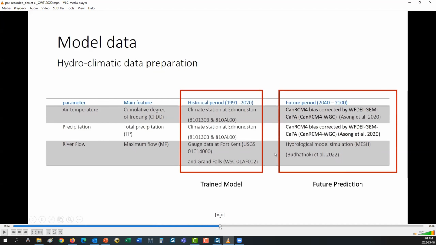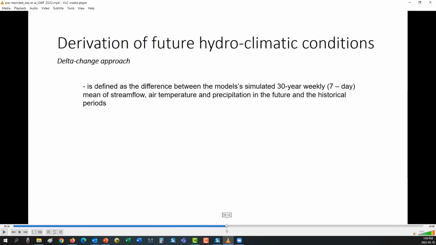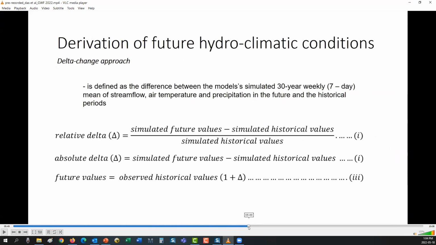Okay, let's move up here. We're using a delta change approach here. And there are two ways you can look at this delta change approach. You can calculate a relative delta, and you can also look at more of an absolute delta.